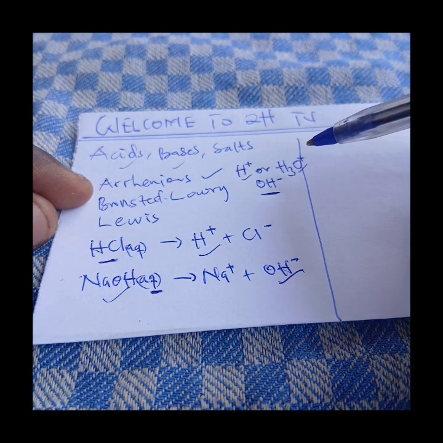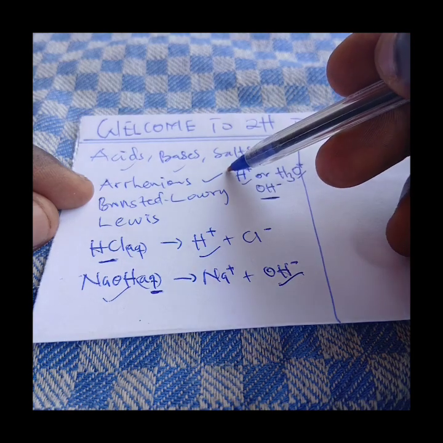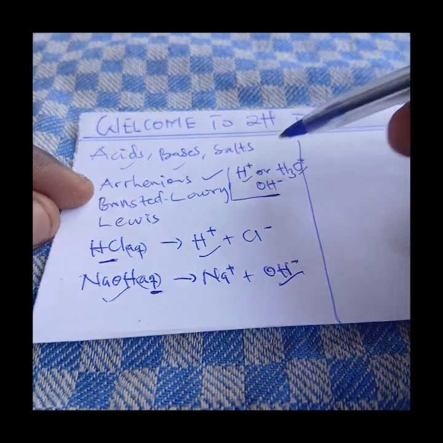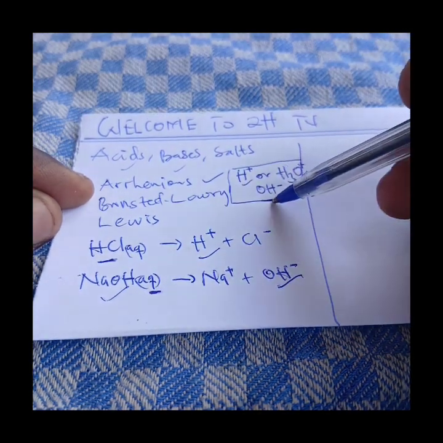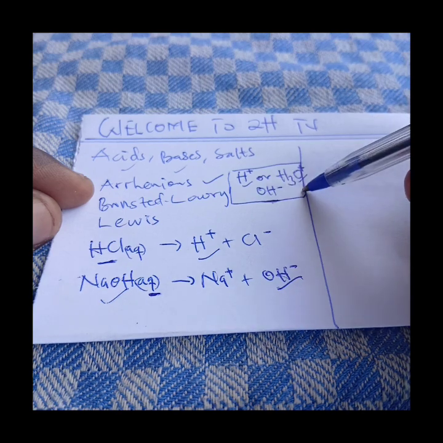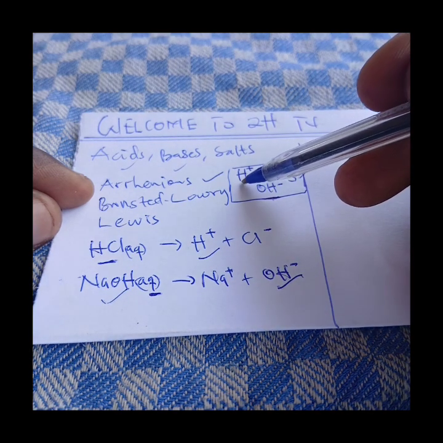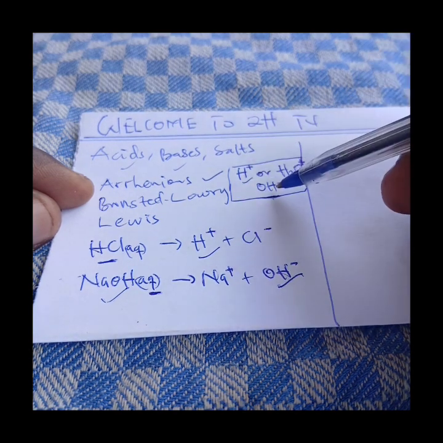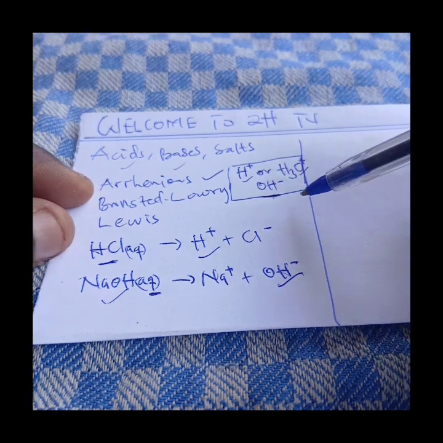Okay, so they realized that there are some substances that have acidic and basic properties, but they do not produce either H plus ion or OH minus ion when dissolved in water.